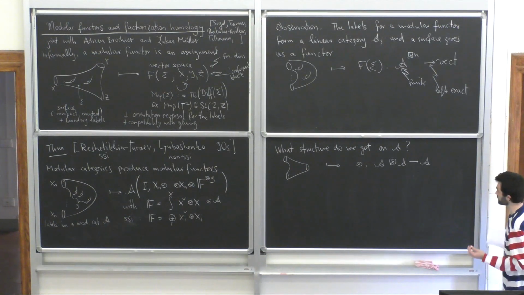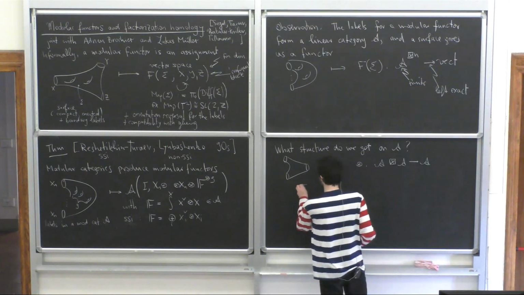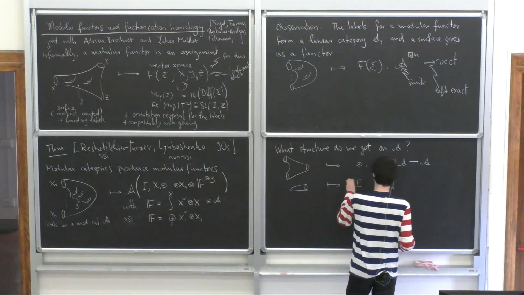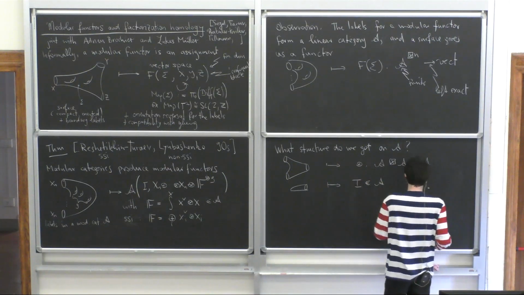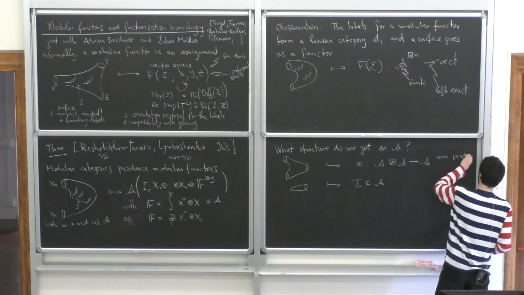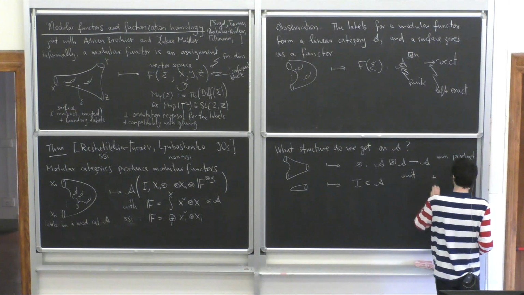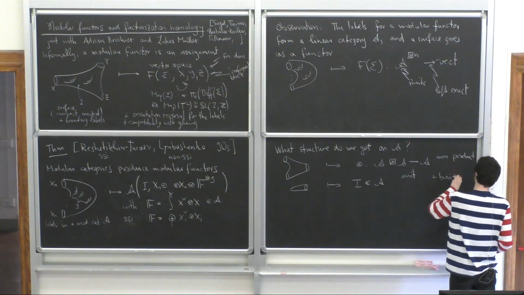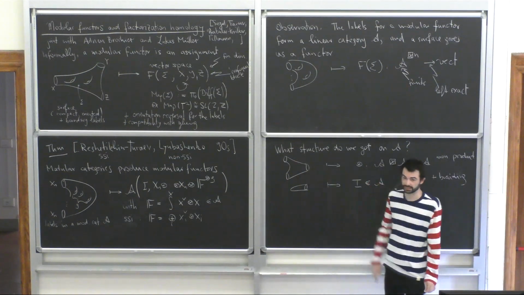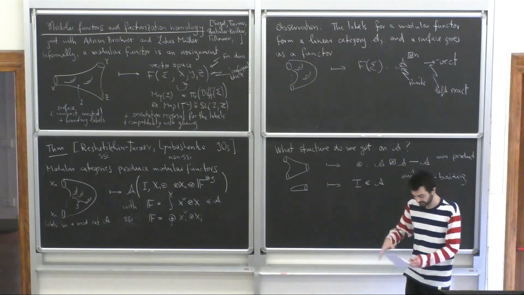So this is a monoidal product. I think this is not very hard to believe. There's a unit, that's this one. So monoidal product, there's a unit here, and there's a braiding. This is because there's a mapping class that switches these two legs. So this is why this A is a braided monoidal category.